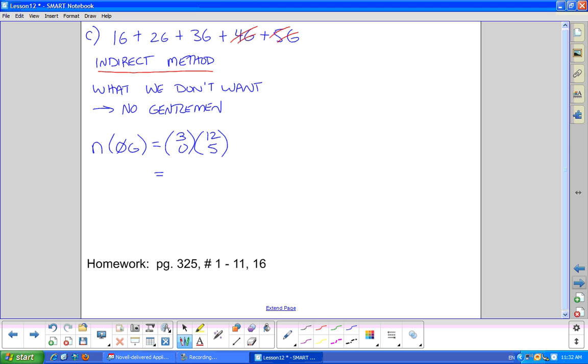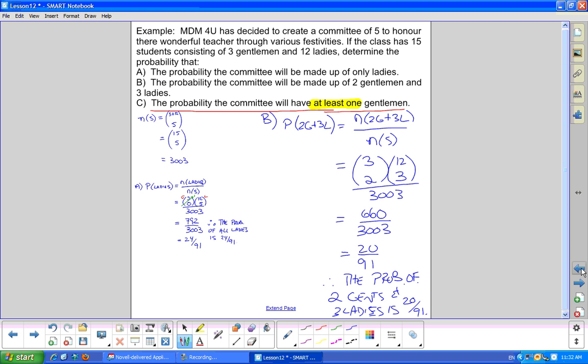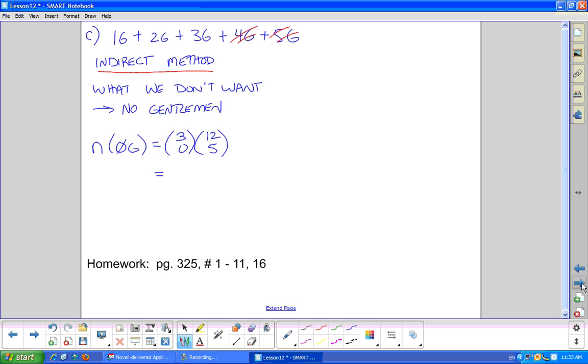So we already did this calculation. This was the no ladies calculation, the first one. So we know there's 792 ways. So therefore, 792 ways no gents are on the committee. So we already know total possible.